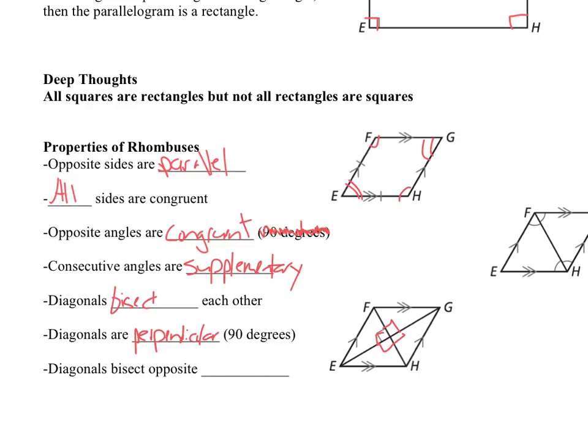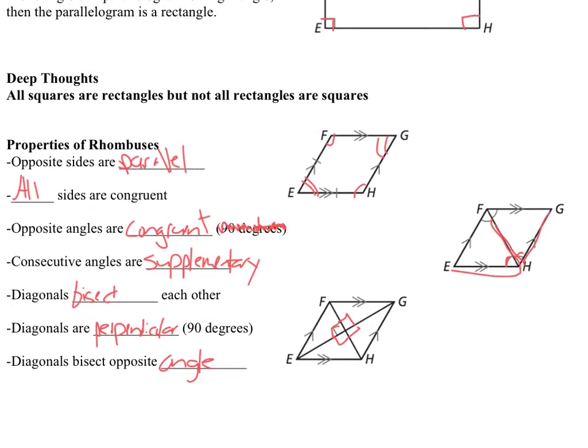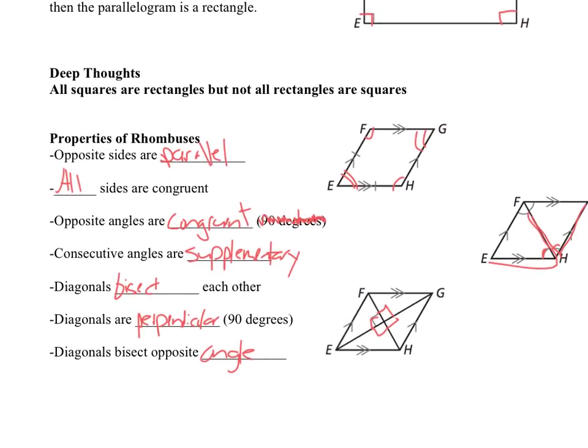And then diagonals bisect the opposite angle as well. So you can see that over here. EHF is congruent to GHF. So rhombus adds a couple new things. In particular, diagonals are perpendicular and diagonals bisect the opposite angle.